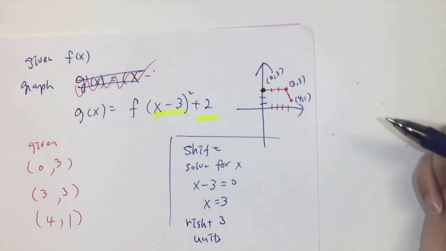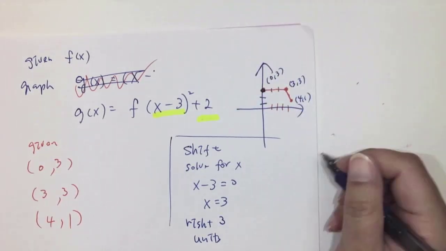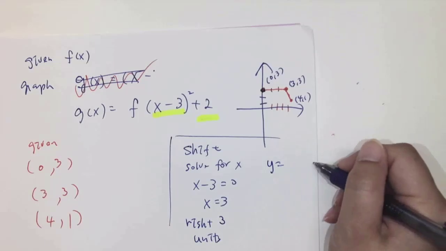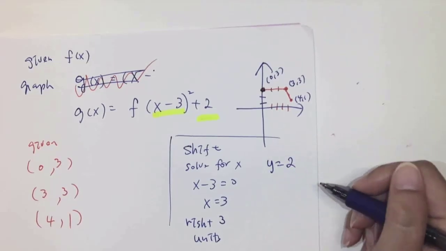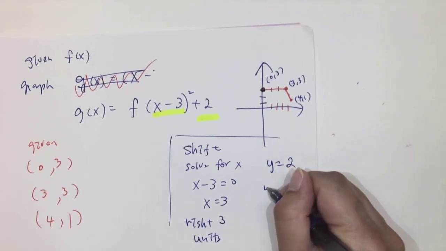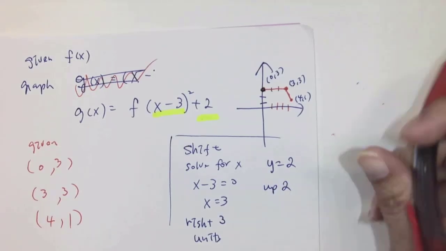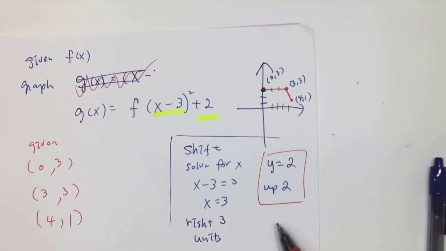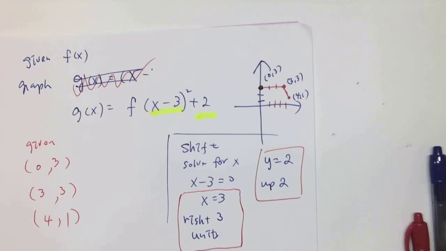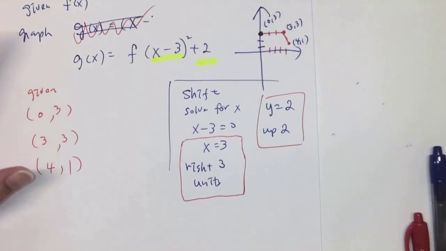And the outside part would be y equals 2, meaning where are we going? Up 2. So if that's the information we get, y equals 2 up, and x equals 3 is a positive number going to the right, then how do I find the new point?